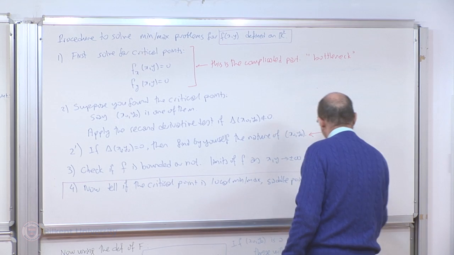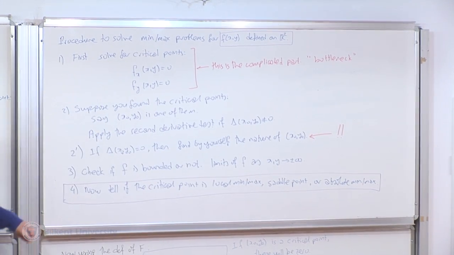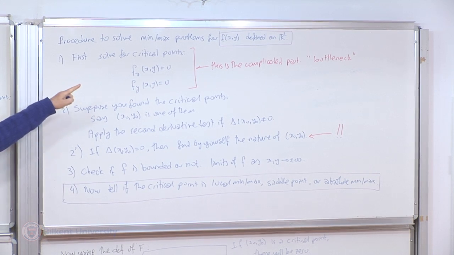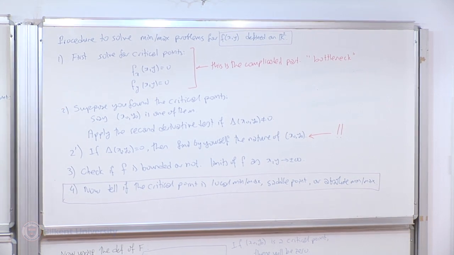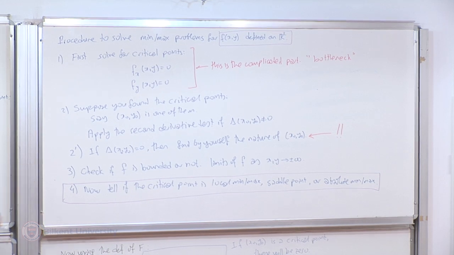Okay, so next hour now we'll give a break, and next hour I'll do examples. Okay, so that's the question. Given f(x, y) defined on R2, find all its local min, local max, global min, global max if they exist. Tell us if they don't exist. Tell us if there are saddle points. Okay, so that's the problem.